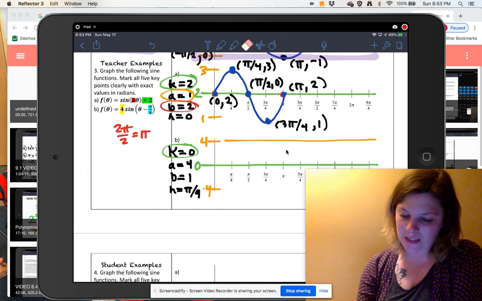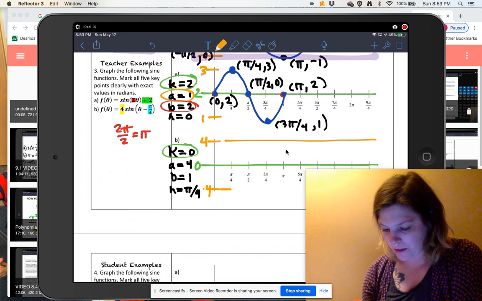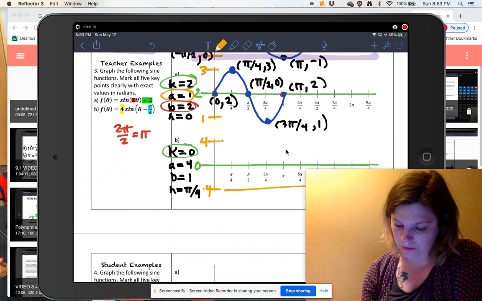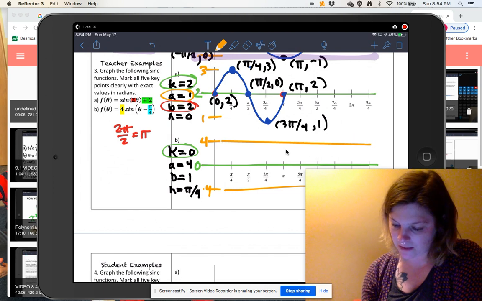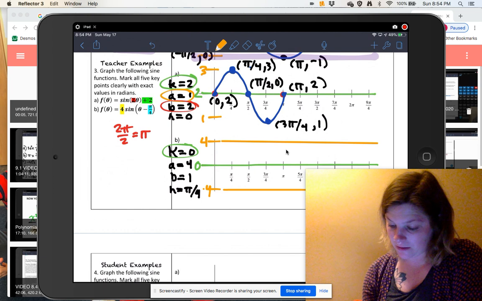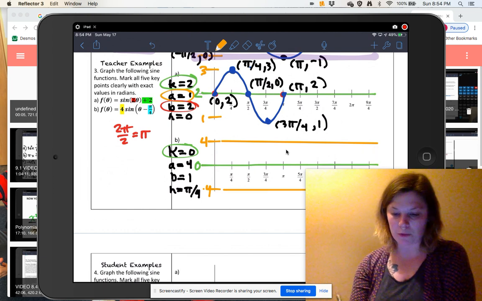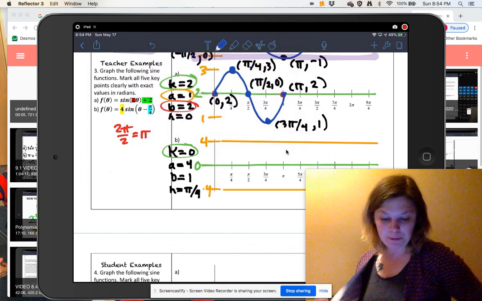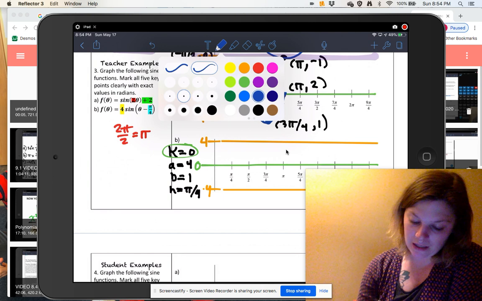I'm just not very careful about it, but you can long hold, and make it a straight line. I'm sure you are much better at this kind of stuff than I am, but there we go. I long hold, and then it makes a nice straight path, and it'll be more symmetrical looking if I have that guide. All right. So that was our a value.